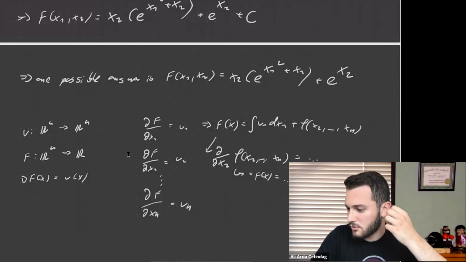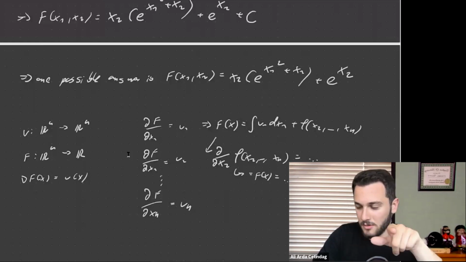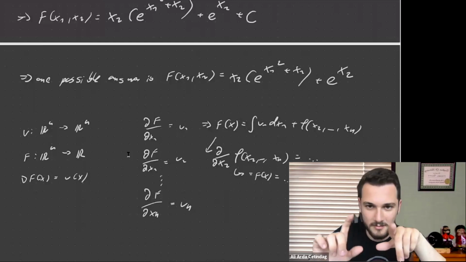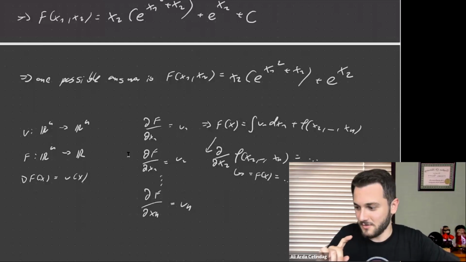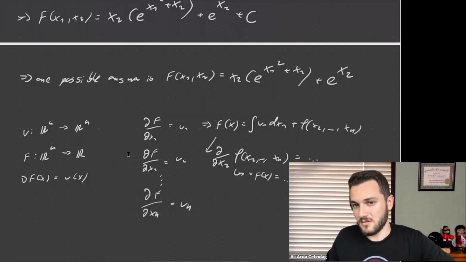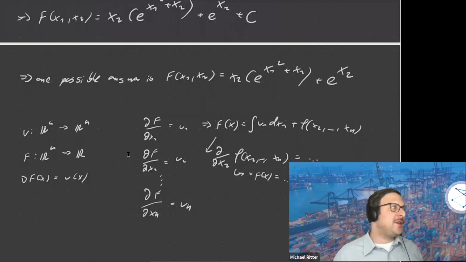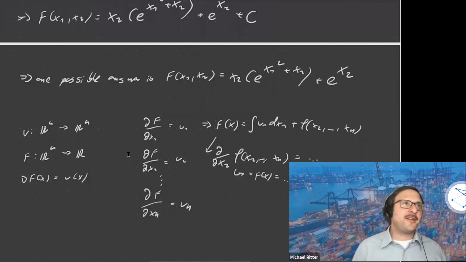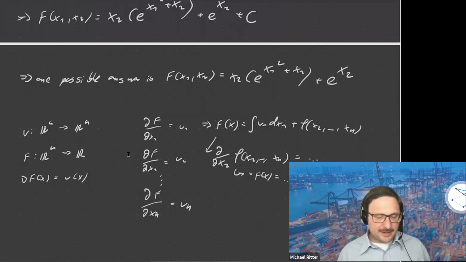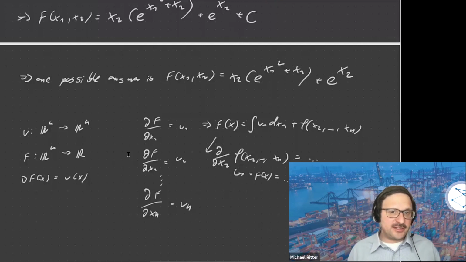I think so. So one more question about this: whether there is a possibility to get a vector valued function if we had its Jacobian. Okay, so what we're doing here is we're talking about vector fields, and the antiderivatives of vector fields, by definition, always need to be scalar valued functions.